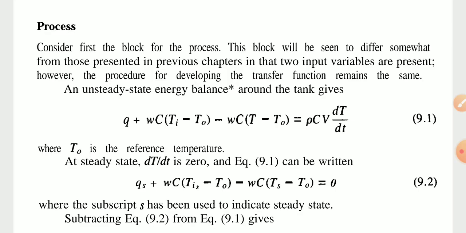Consider the first block diagram we made for this process, which differs somewhat from those presented in the previous chapter, in that two input variables are presented. Okay, and for the unsteady state conditions, let us see the energy balance on this basis.